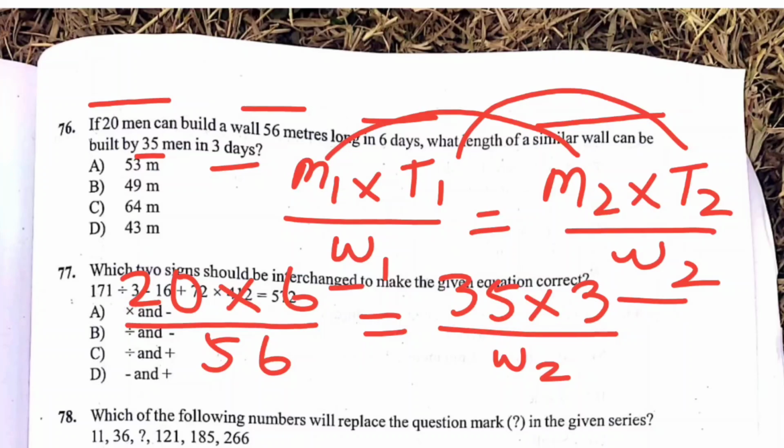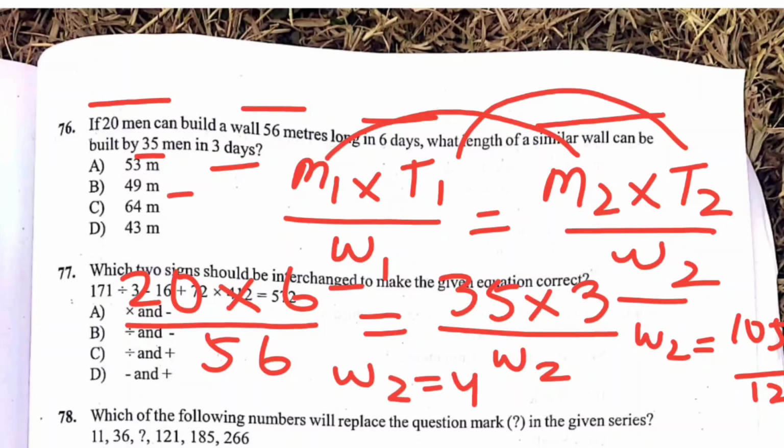When you solve this, I don't have the space here, so W2 should come out to be 105 into 56 divided by 120. Solving further, W2 will be equal to, it should come out to be 49, I guess. So you check it by yourself.